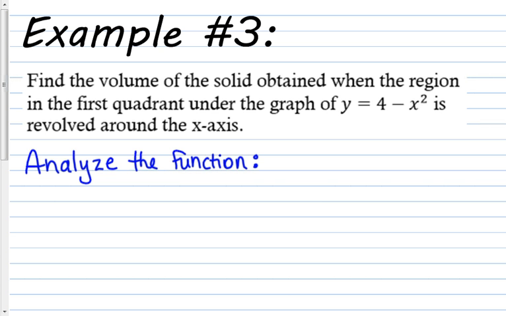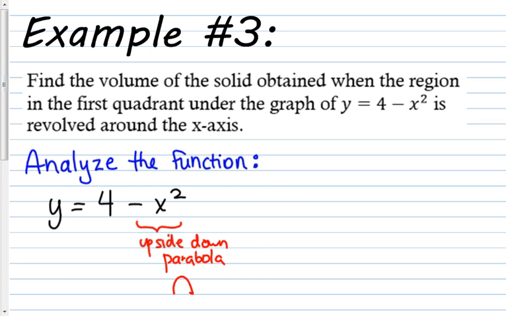So y equals 4 minus x squared. Now this part here tells me that this is an upside down parabola. So it looks like this. This part here tells me that it is 4 units up from 0, 0, from the origin.